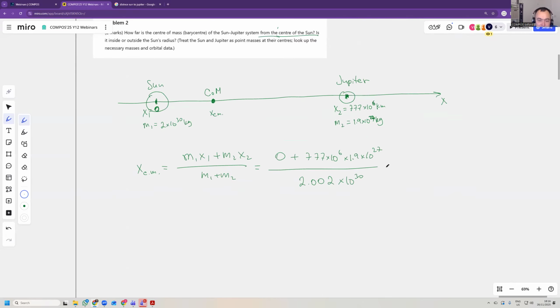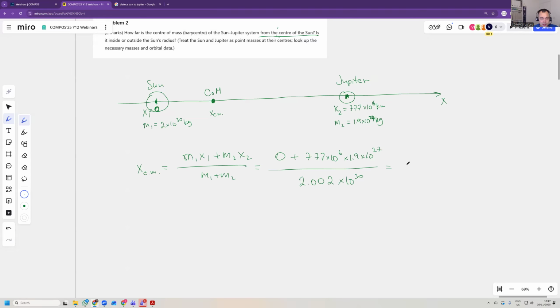And then we can just calculate the distance. So 777 times 1.9 times 10 to the 33, divided by 2.002 times 10 to the 30.